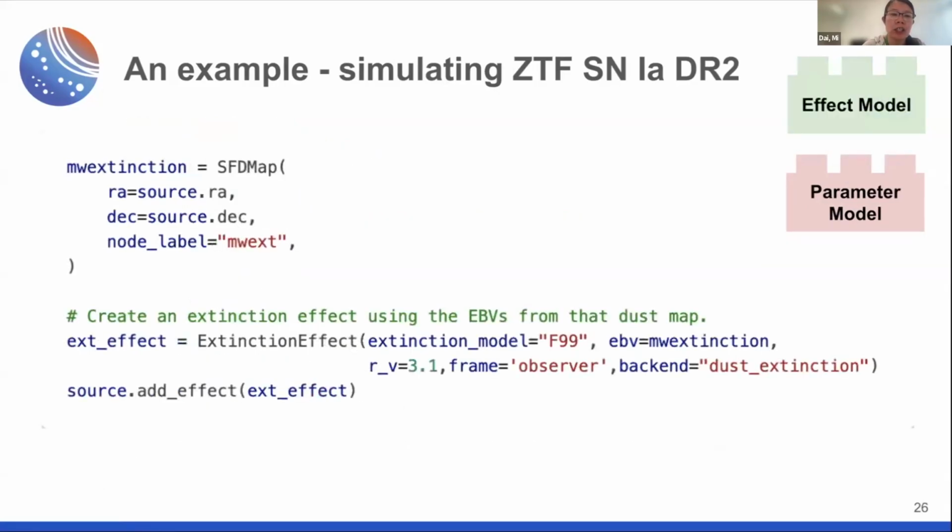And after we define the source, we can apply a Milky Way extinction. We load a dust map, and then use the predefined extinction effect that uses the extinction parameter from the dust map. And then we use add effect to add one of these effects to the source so that everything would be combined and simulated together.